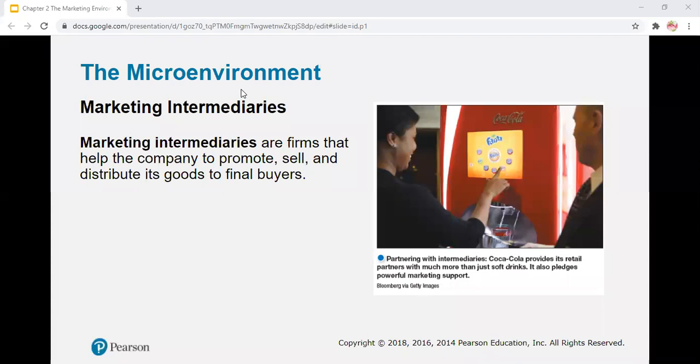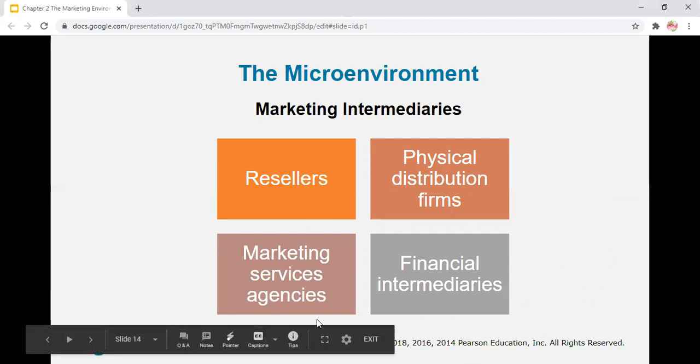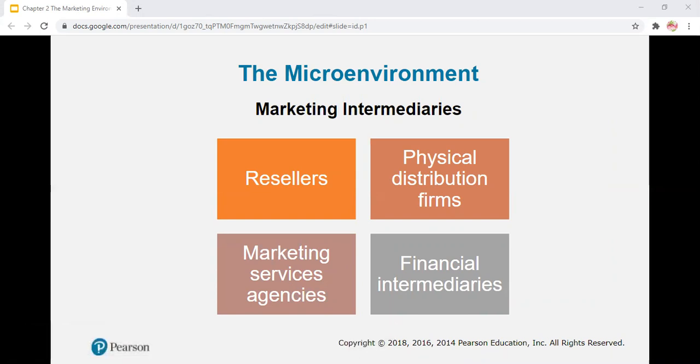Okay, so let's dig into this concept again. Here we have the marketing intermediary, as we said. We have the resellers, the physical distribution firms, marketing services agencies, and financial intermediaries. The resellers are distribution channel firms that help the company find customers or make sales for them.